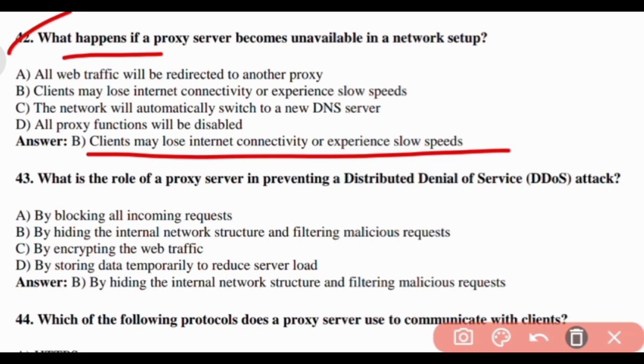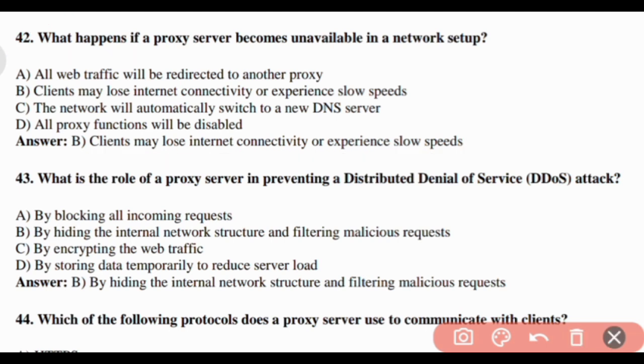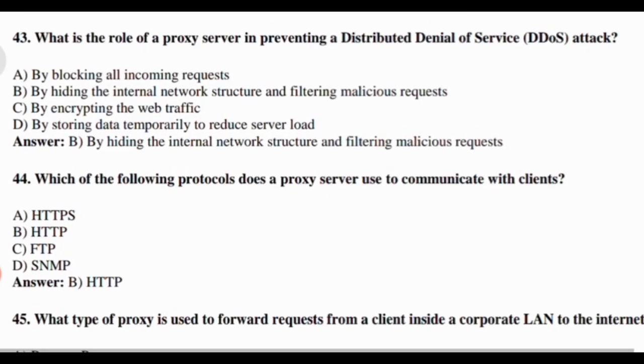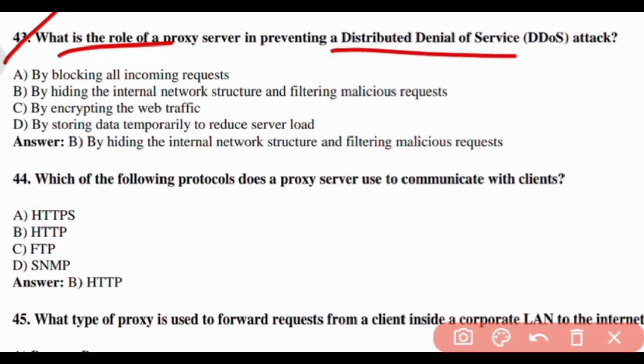Clients may lose internet connectivity or experience slow speeds. What is the role of a proxy server in preventing a distributed denial of service attack? By hiding the internal network structure and filtering malicious requests.